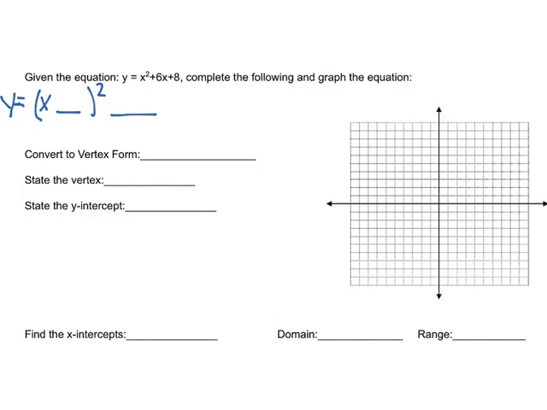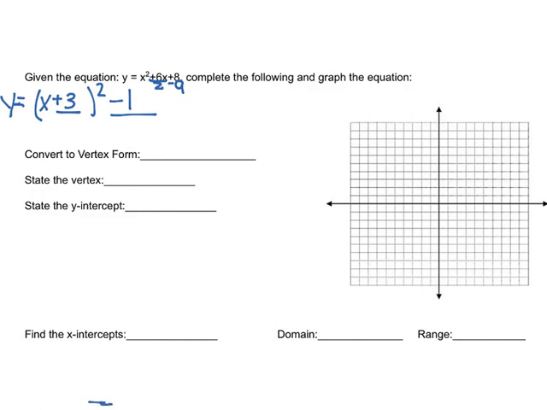To get the number that's inside the parentheses, we're going to divide the middle number by 2. So positive 6 divided by 2 is positive 3. And then we're going to square that, and we're going to subtract it from the last number. So 8 minus 9 is negative 1.